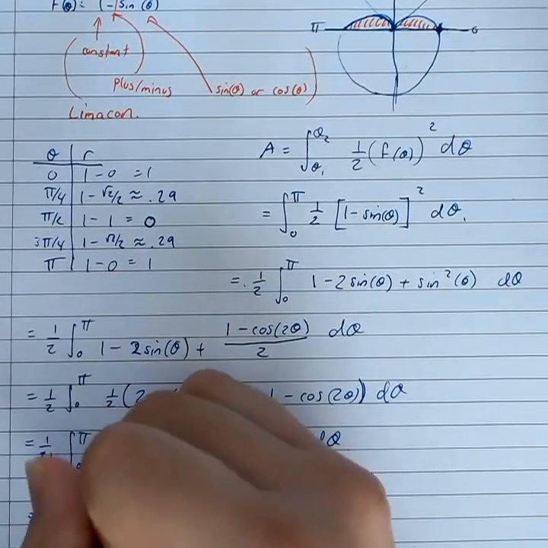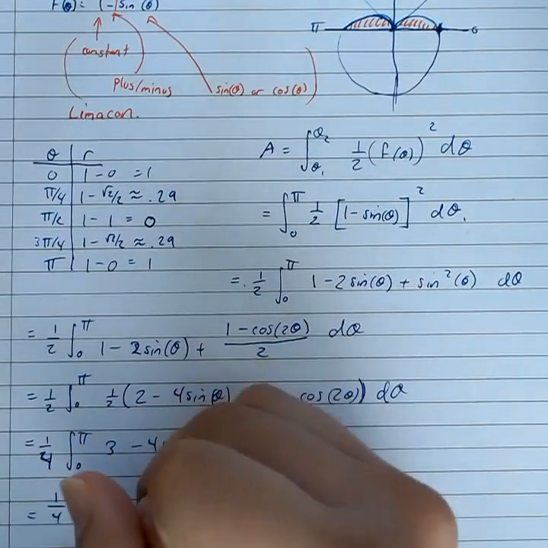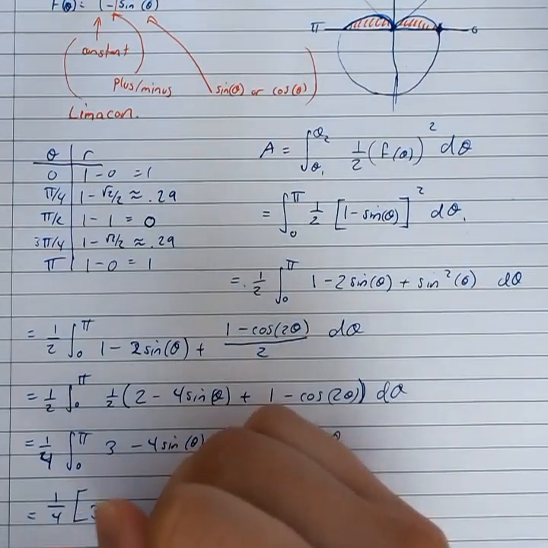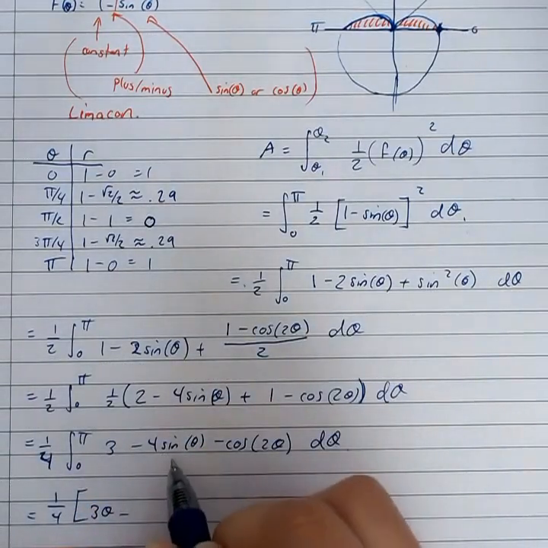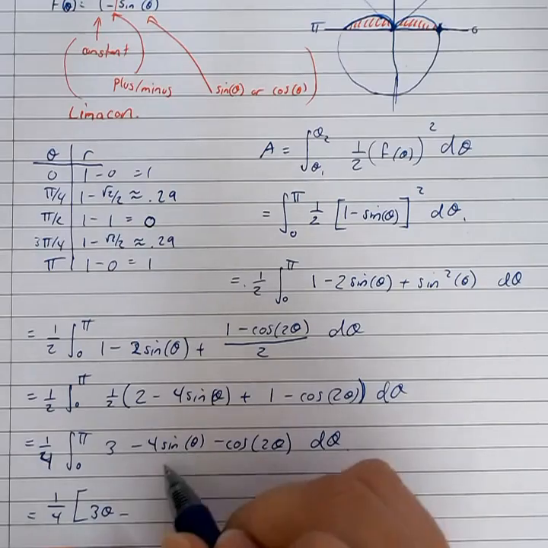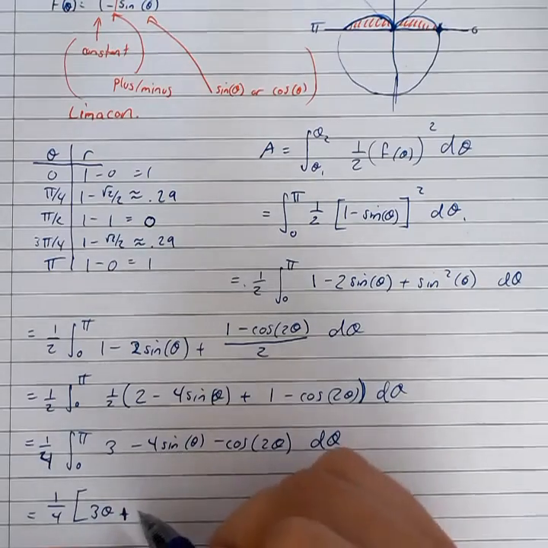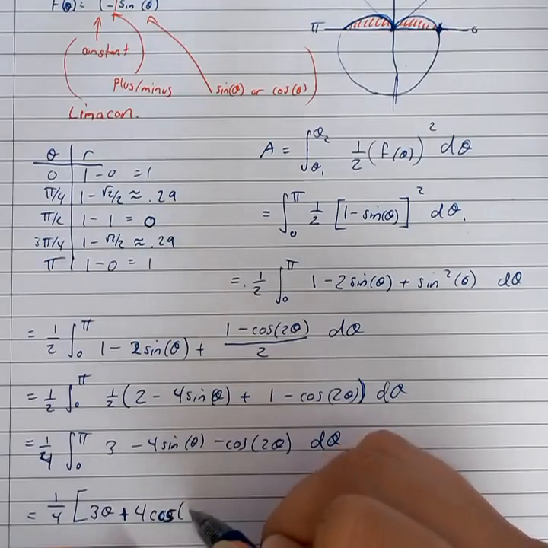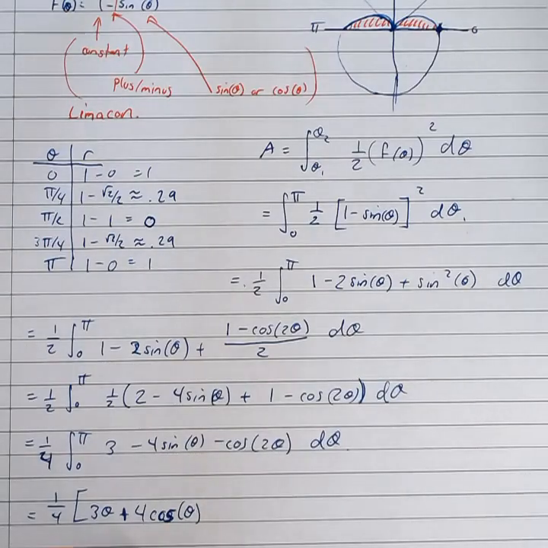So here that'll give us 1/4. Let's see here. The antiderivative of 3 with respect to theta is 3 theta minus the antiderivative of sine of theta, which is negative cosine of theta. So that negative along with this negative turns that to a positive. So it's going to be positive 4 cosine of theta. And leave it to me to misspell cosine. It's 3 letters and I screw that up.